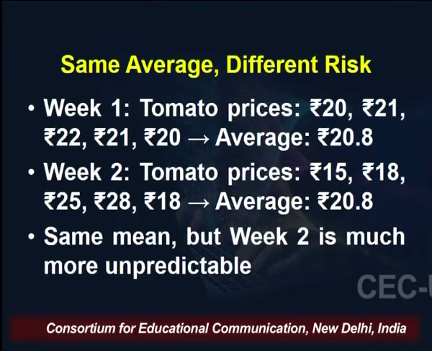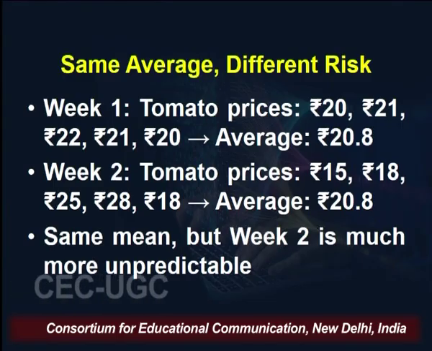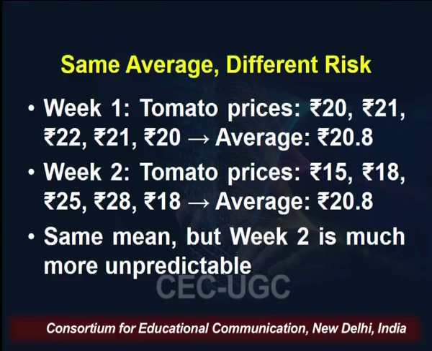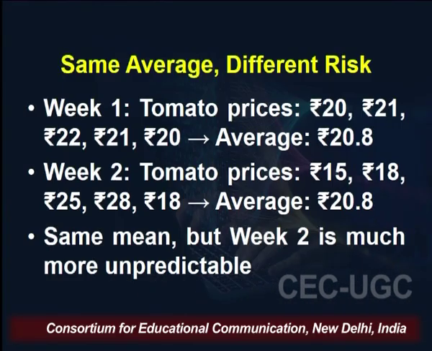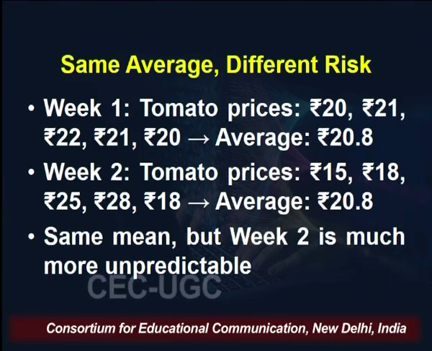Now, let's take an example. In week 1, if the tomato prices are rupees 20, 21, 22, 21, 20, the average is rupees 20.8. For another week, if the tomato prices are rupees 15, 18, 25, 28, 18, the average still remains rupees 20.8.